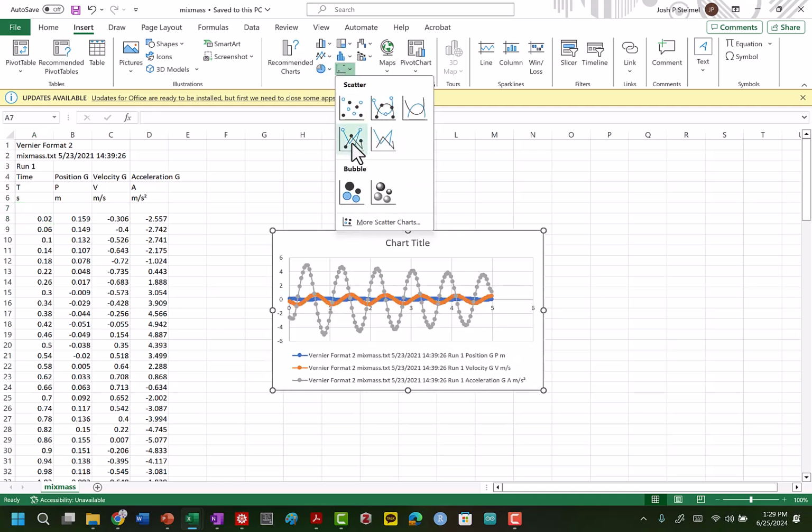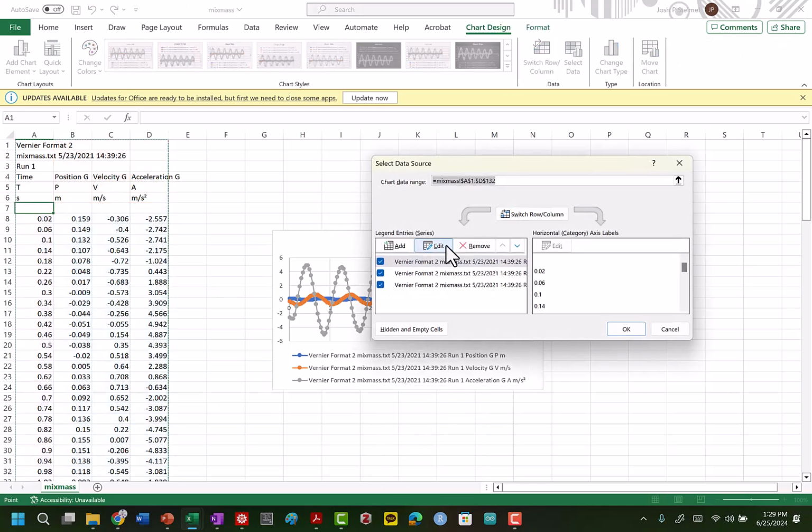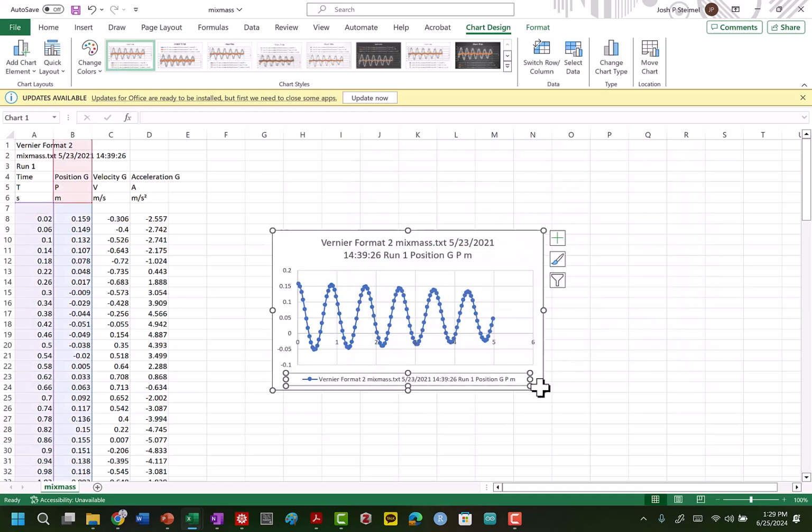So I'm going to click here. I'm going to do the same thing with selecting the data. Probably again, like so. There we go.